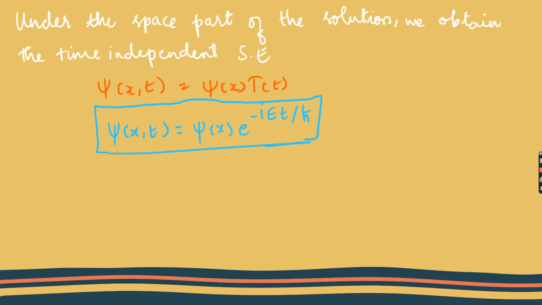Okay, so now your wave function for the time dependent Schrodinger equation is given as psi of x comma t is equal to psi of x e power minus i E t by h cross. So this is an important relation that you have to remember, okay, because this is going to help us further.